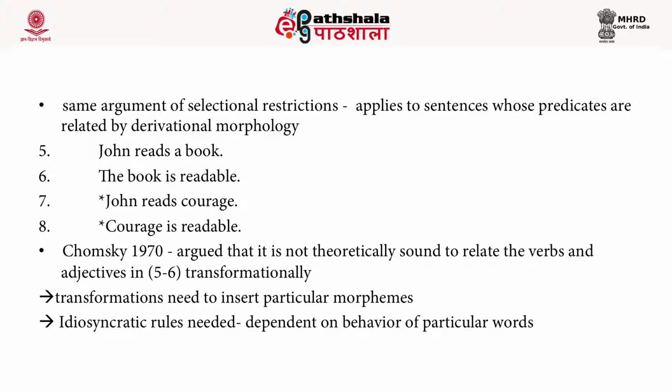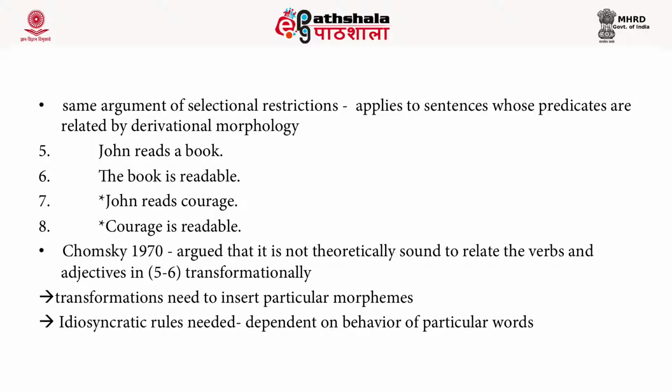Reads changes to readable by adding the derivational affix -able to it, and thus there is a relation between these two predicates. Compare this with sentences 7 and 8. John reads courage and courage is readable. Because courage cannot be selected by read as its object, courage cannot be taken as a subject by the adjectival predicate readable.